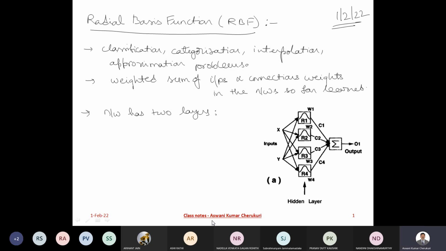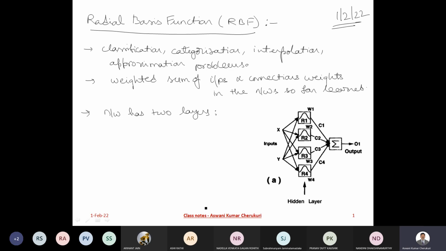Are you able to see the image? Yes. You can notice that the network has two layers. When I say two layers, in fact, you are seeing three layers, yet I have written two layers. You have input, you have hidden, and you have output.